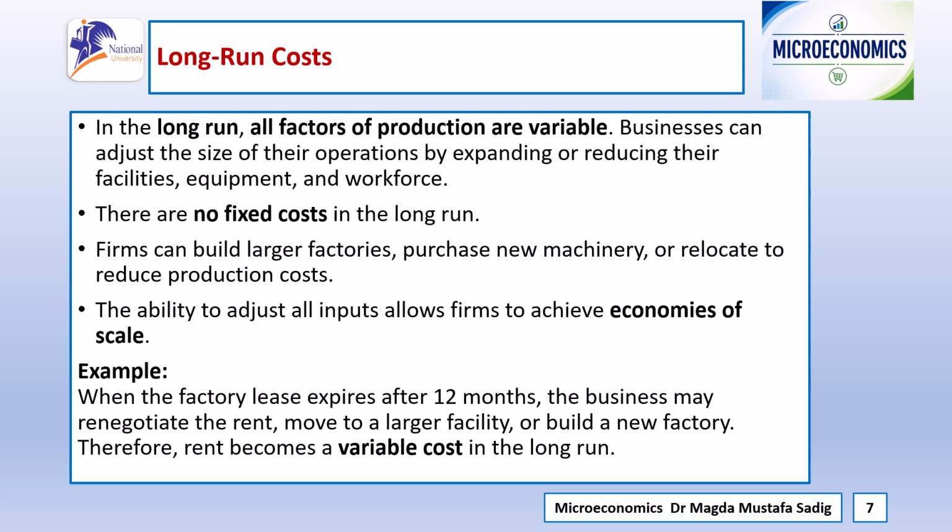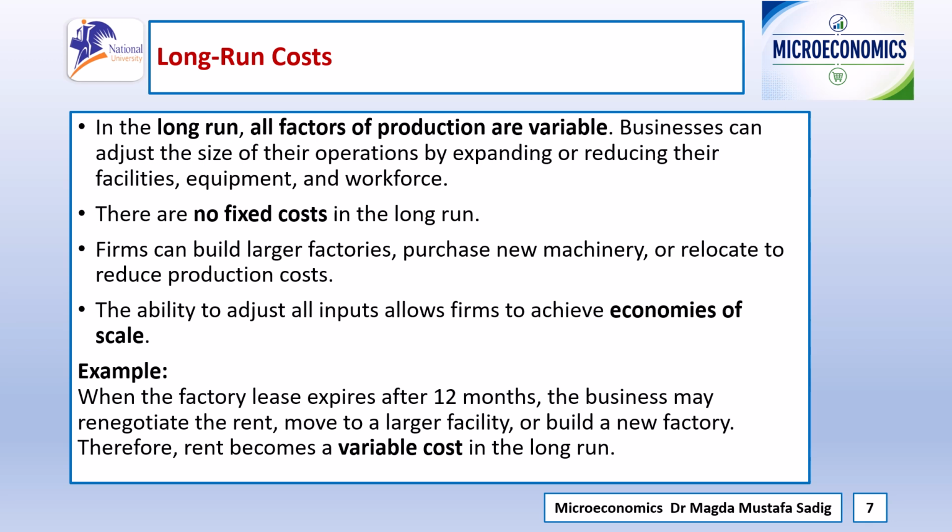Long run cost. Now we move to the long run. In the long run, every production factor becomes variable. The business can move to another factory, purchase more equipment, hire additional workers, expand production, reduce production. Because firms can adjust everything, there are no fixed costs in the long run.